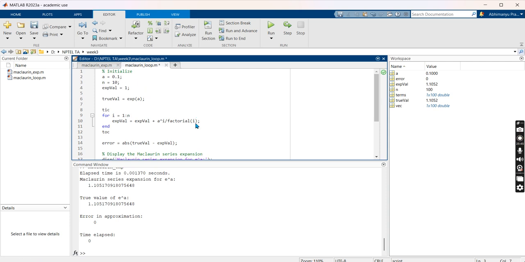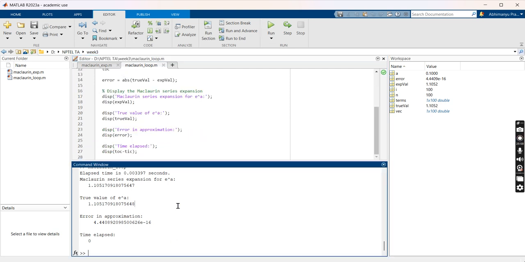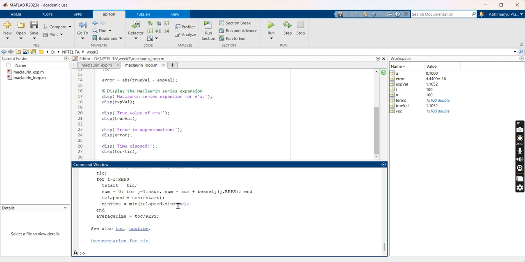So if I try to run it for 5 values, then my time elapsed is 0 and my average approximation is this. If I try to run it for 100, why is it going 0 every time? T start is equal to tick and toc. Okay.